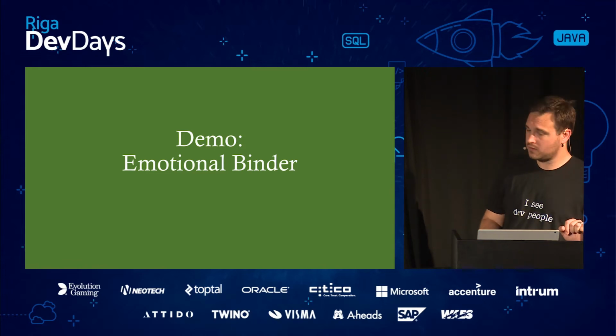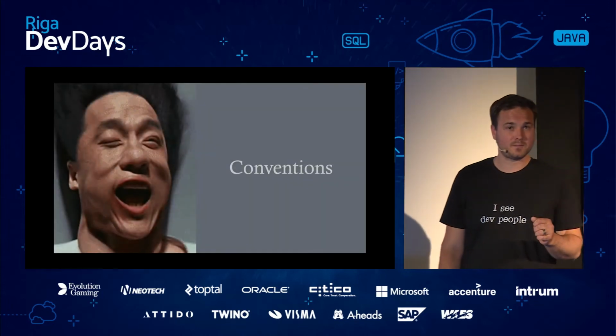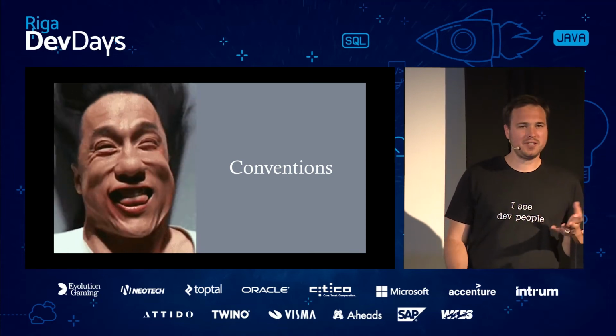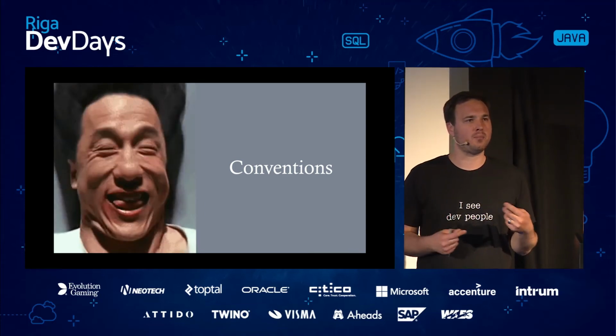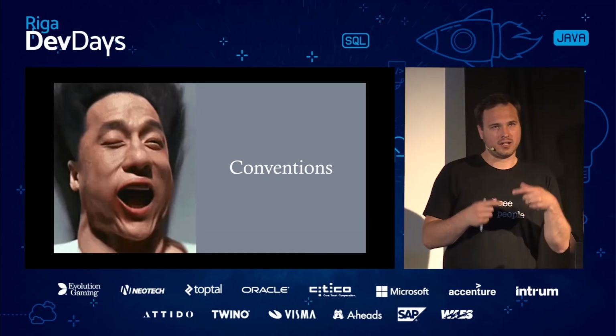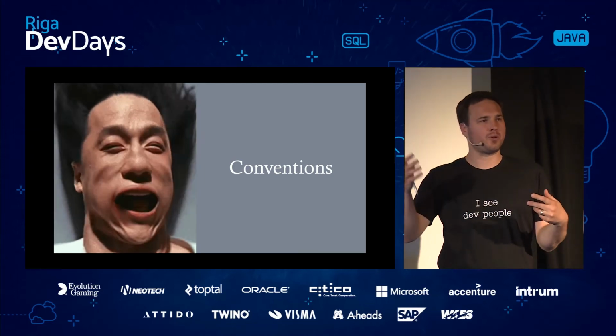Cool. Who has ever heard of conventions before? One guy. So MVC uses conventions underlyingly to figure out what are controllers and what are models and all those kinds of things. Previously, to make a controller you called it foo controller and you had to inherit from controller or controller base.